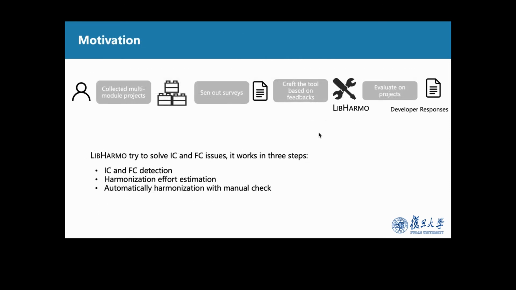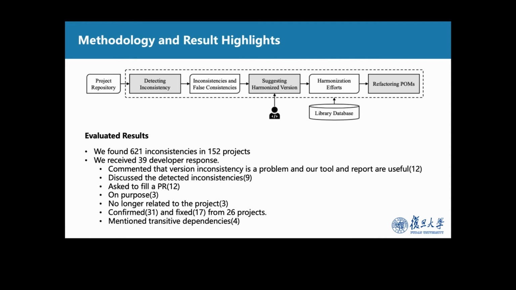It works in 3 steps: IC and FSE detection, harmonization effort calculation, and automatic harmonization with manual check. The above graph shows the overall steps and outputs of libharmo.